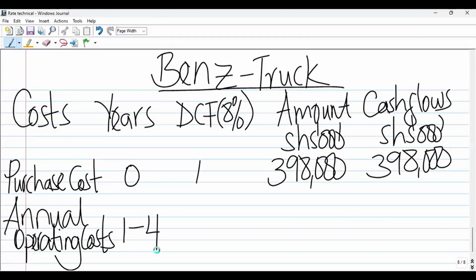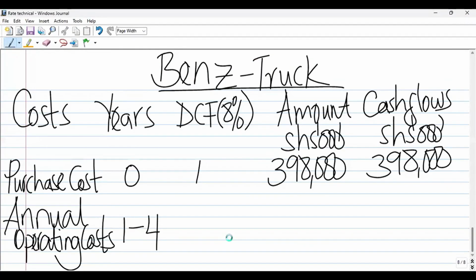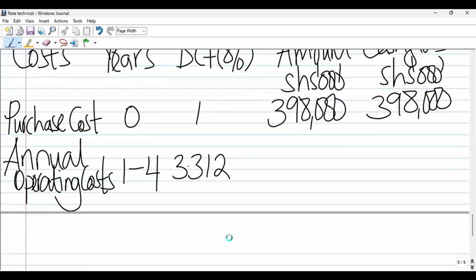It is annual. So the discounting factor, annuity, we've already computed it, 3.312. So I cannot say that the year is 4. That means you're only going to incur that cost in year 4, which is not right. It is annual. That means 1 to 4. So the amount they have given us is 19,900.